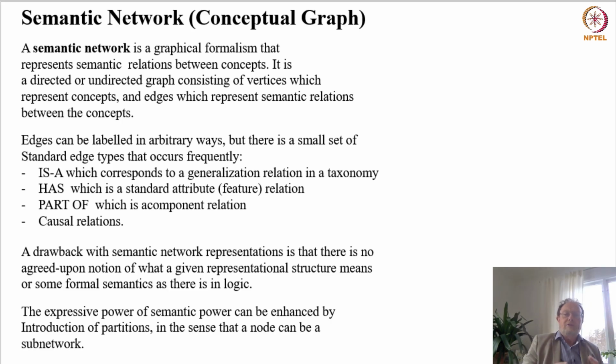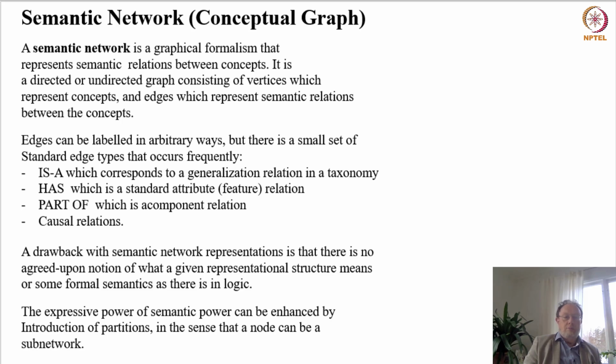So a semantic network is a graphical formalism that represents semantic relations between concepts. It's a directed or undirected graph consisting of vertices which represent concepts and edges which represent semantic relations between concepts.